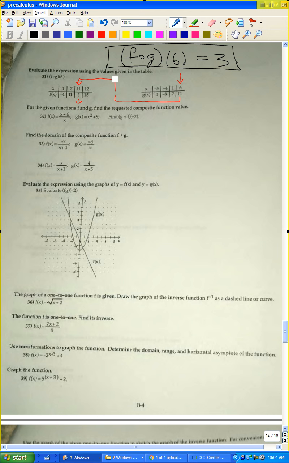I then input 11 for f and the output is 3. Therefore that's the answer. So I input 6 for g, I get an output of 11, input that for f, the output is 3, and that's my answer. Okay?